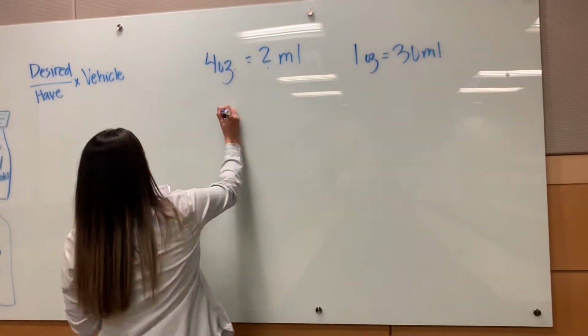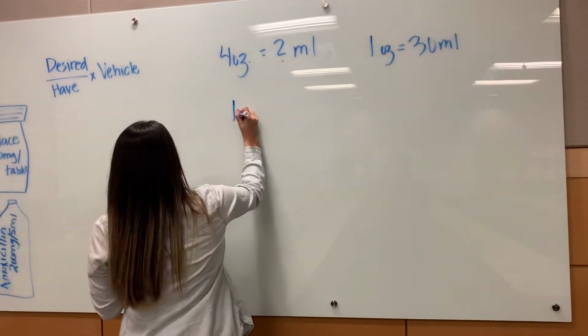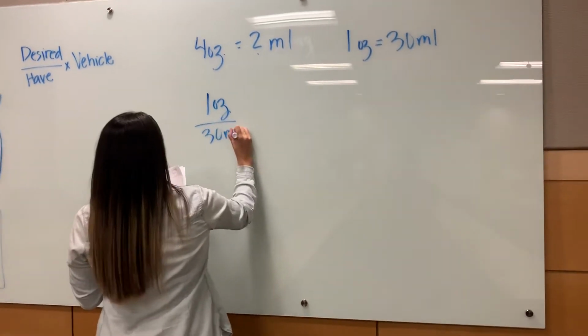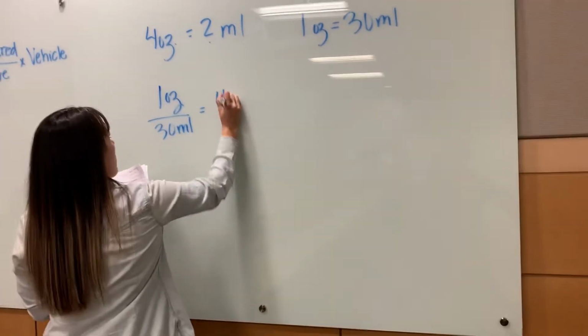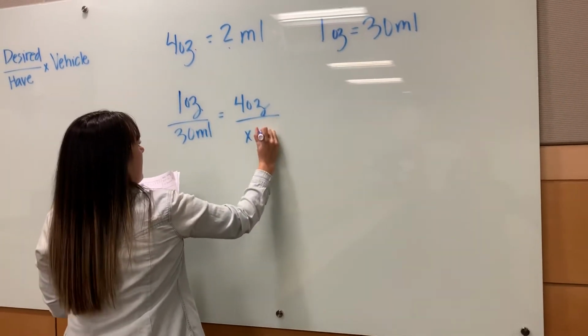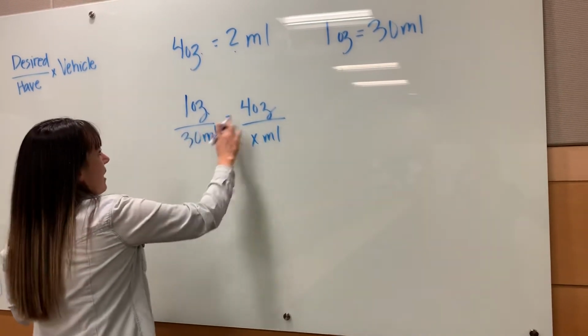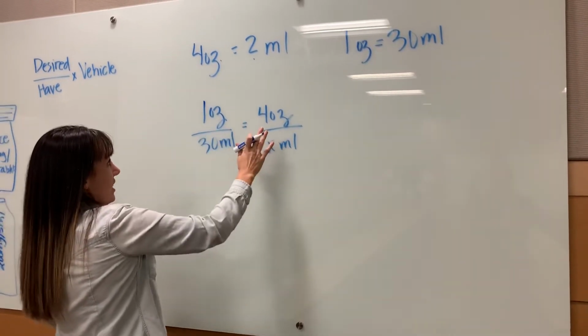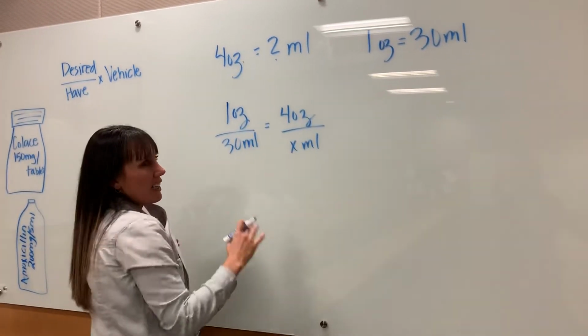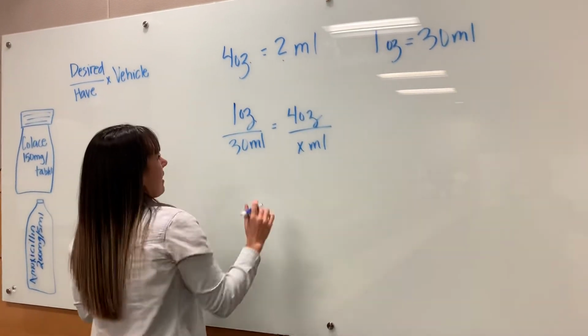If we're doing the ratio method, we are going to do 1 ounce over 30 mils equals 4 ounces over X mils. Remember with the ratio method, we're keeping the units the same. It's not like we're trying to cancel them out like dimensional analysis.